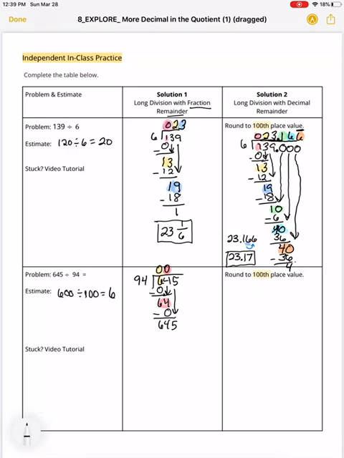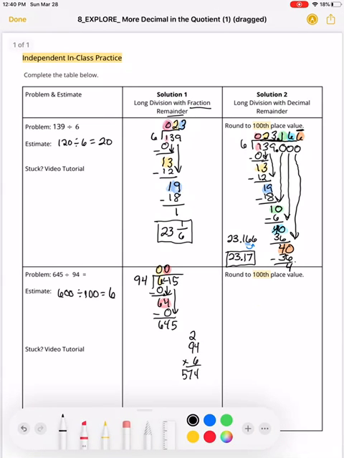So again, when I'm thinking about this, if this is 100 and this is 600, we said it should go in about 6 times. So I think I'm going to try that, and I'm going to do the work down here. So 94 times 6, that's 24. Oh wait, sorry, brain fart.